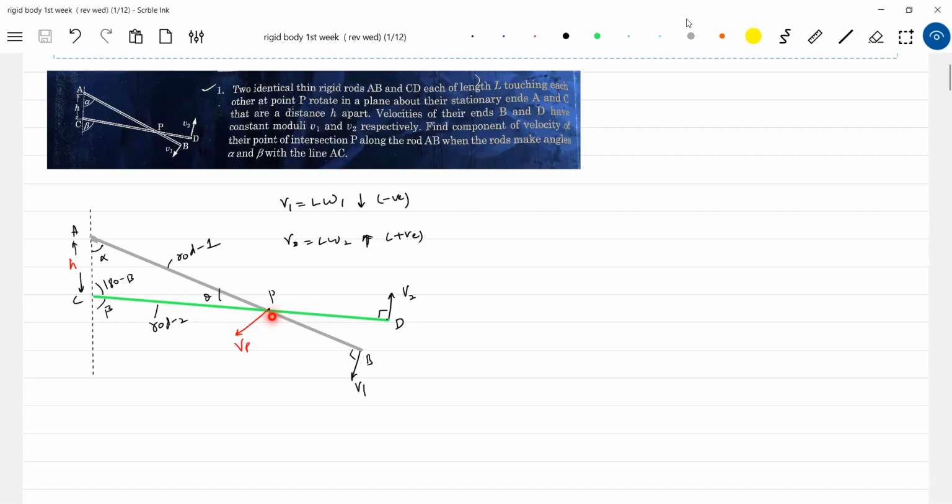What is it asking? The velocity of the point of intersection along rod 1. So somehow if I can calculate the distance AP, I'll differentiate this length, because this length AP will not be fixed, it will be varying. I think you should be able to imagine. If I move the rod, so somewhere rough diagram, some of you are not understanding this one. It is like this.